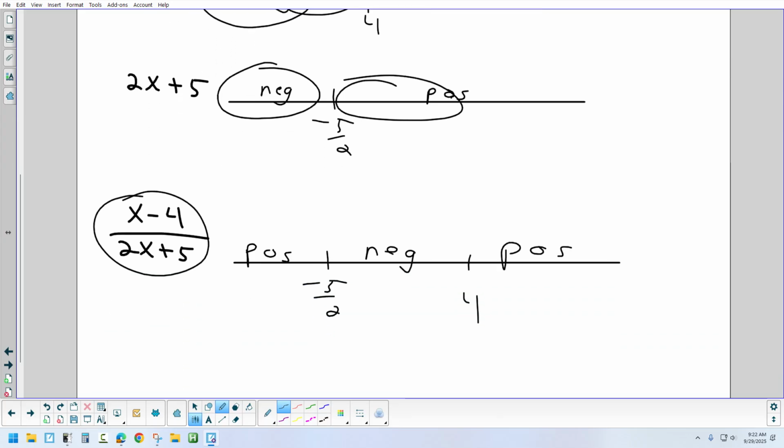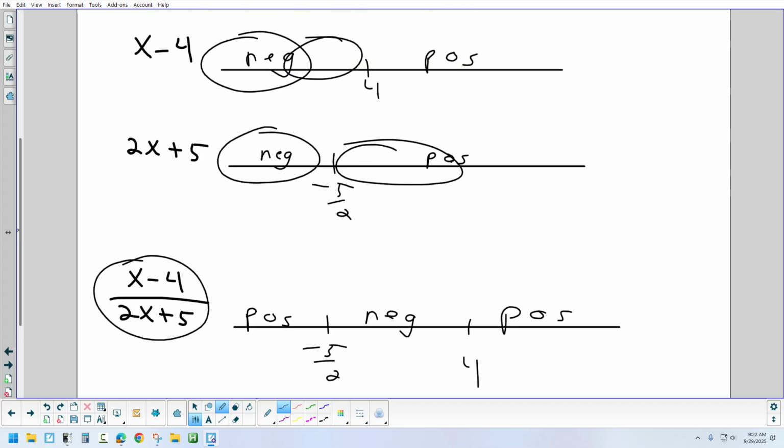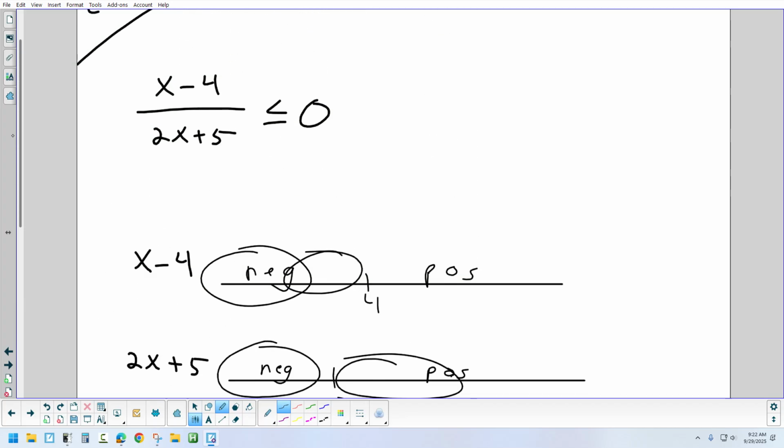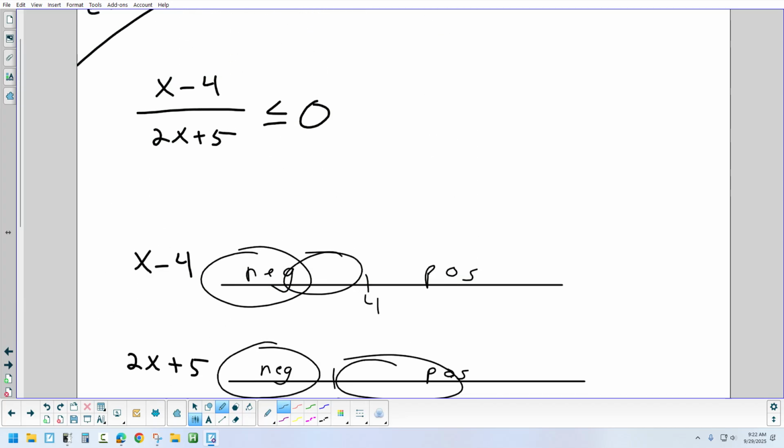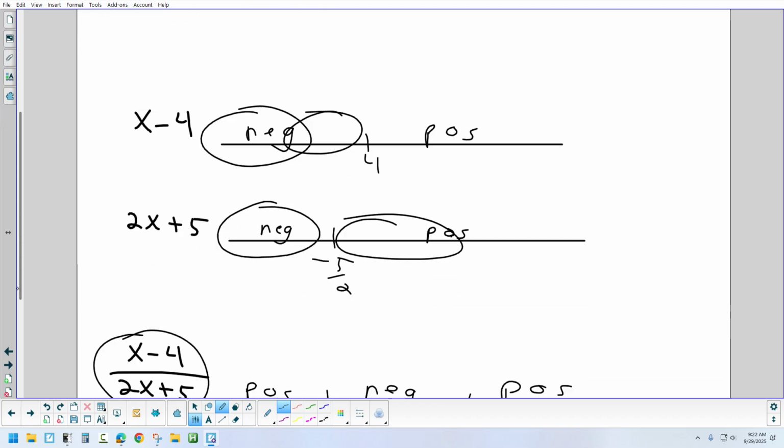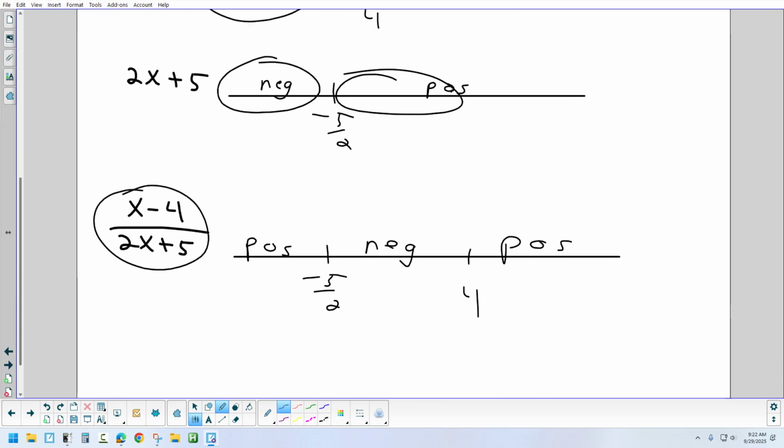Okay. What I'm interested in is how we write the answer this time. We're looking for where we have negative results, or 0. How many sections here would satisfy that? How about Marin?